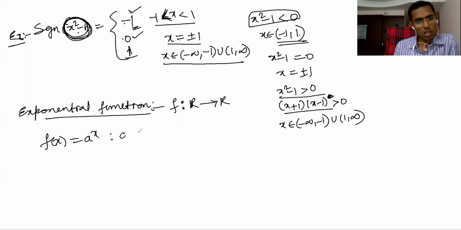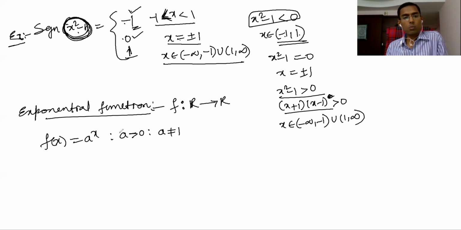What is a here? A is greater than 0 and a not equal to 1, we say. If it is 1, no use. If it is a negative power something, we can't define it properly. So therefore we take a greater than 0, this is a condition, and a not equal to 1.